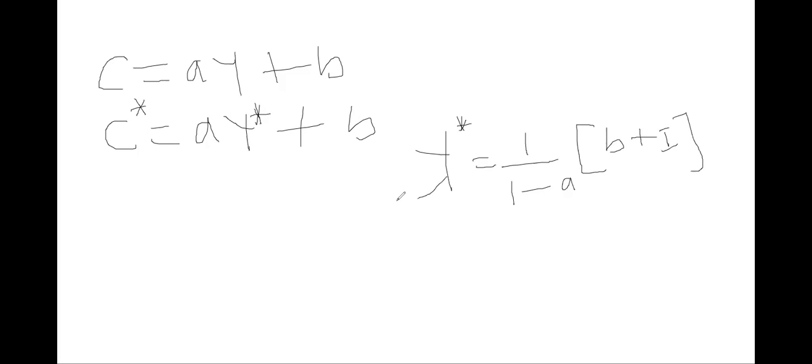So we are going to substitute this into this. When we do that, we will have our equilibrium consumption level, which will give us a times the equilibrium national income, which is 1 over 1 minus a, then we have b plus investment.